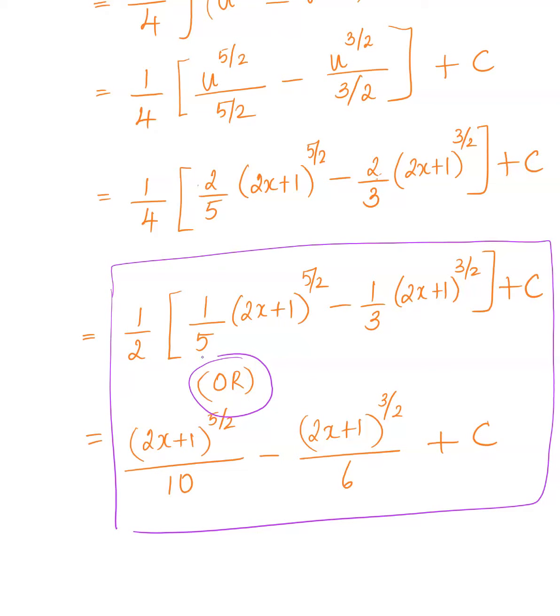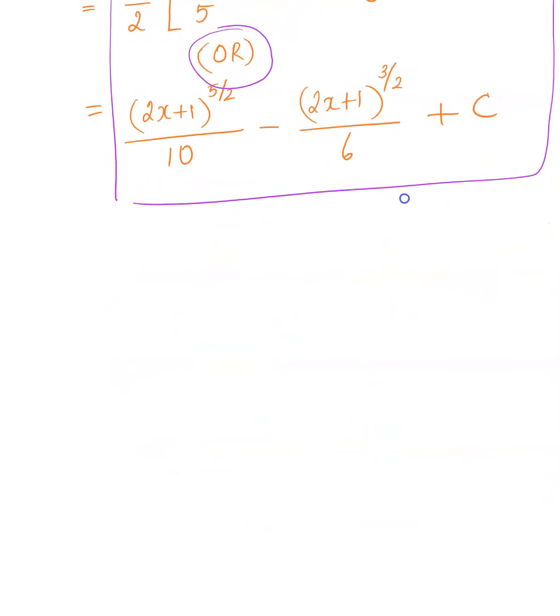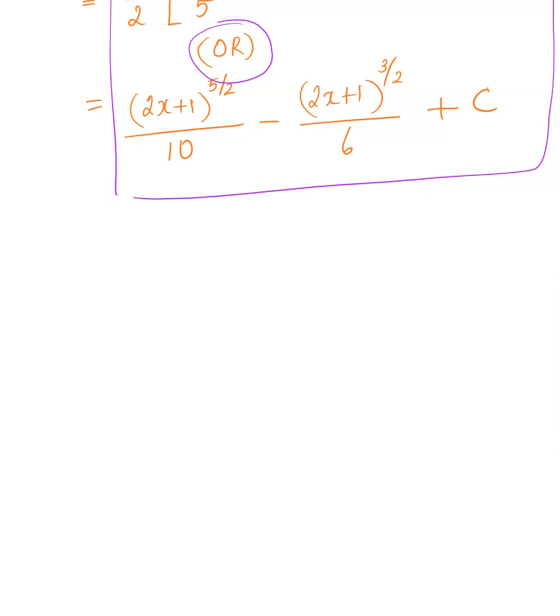Now when you use trig functions, sometimes you'll have to use a trig identity before you use the u substitution and so on. Okay. So I'll show you one with a trig identity.